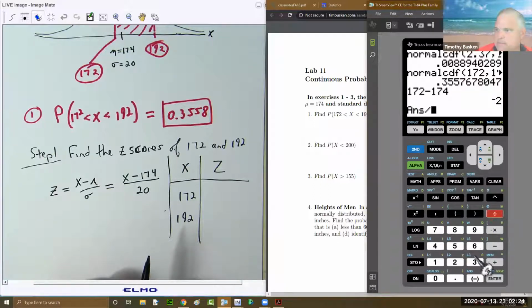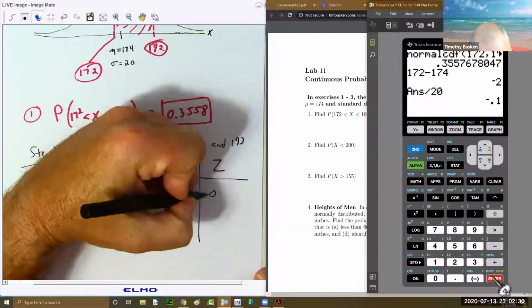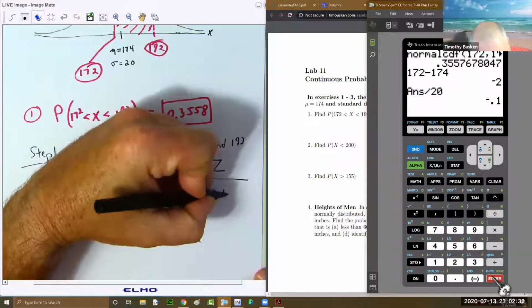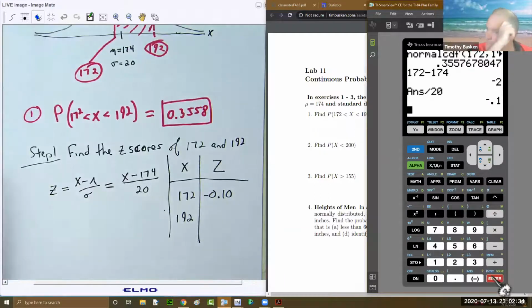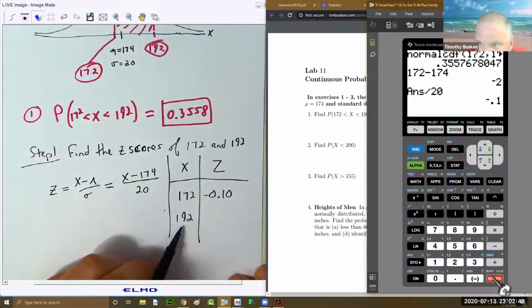I'm going to divide that by 20, and I'm getting about negative 0.1, or about negative 0.10. Z-scores we always round to the hundredths, and the reason is that the Z values on your Z table are rounded to the hundredths.